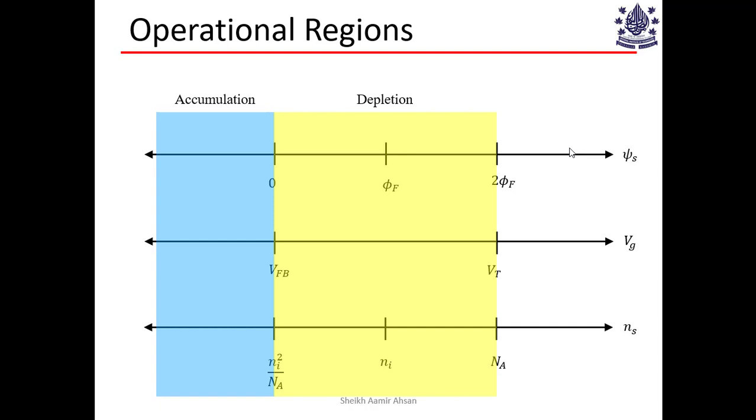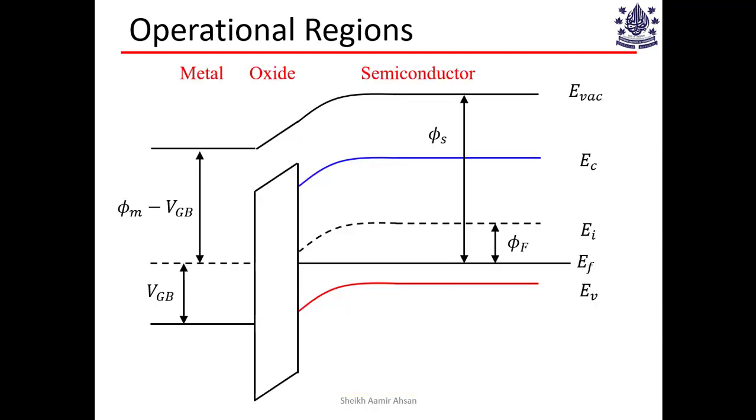That is, it has more electrons than it has in the bulk. Now, in advanced courses, you'll come across terms such as weak inversion, strong inversion, and moderate inversion. We are not going to discuss those details in this course since this is a basic level course.